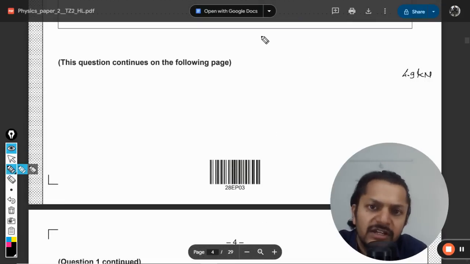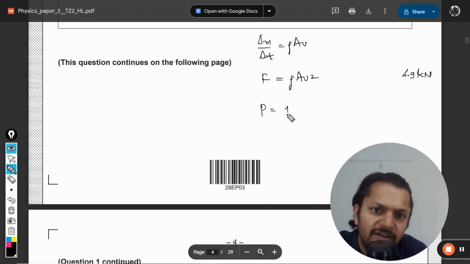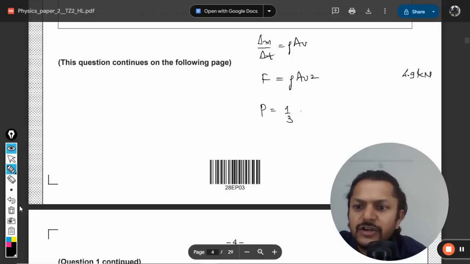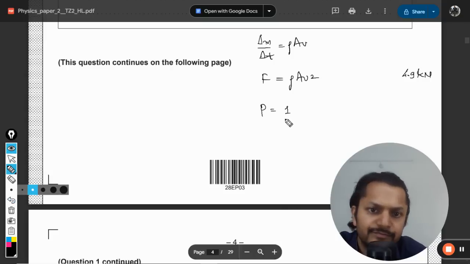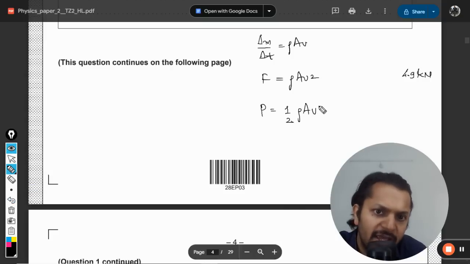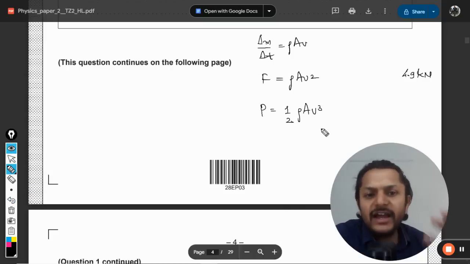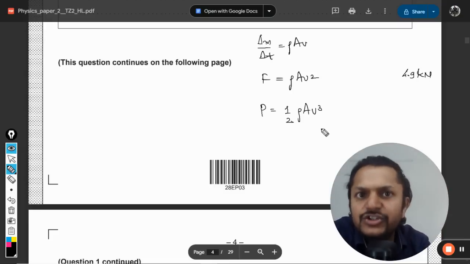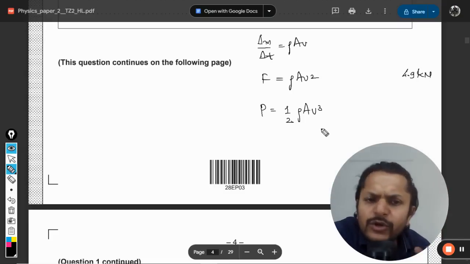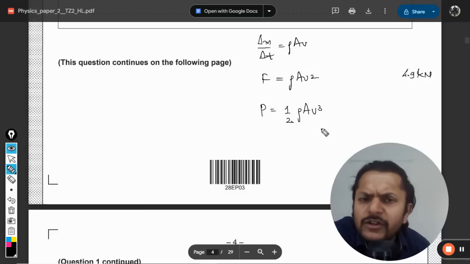First is about the mass flow rate, which is rho AV, and then there is force, which is rho AV square, and then there is another formula for the power, which is 1 by 2 rho A V cube, which is derived from the change in kinetic energy of the wind. We would be doing that when we go for the windmill.